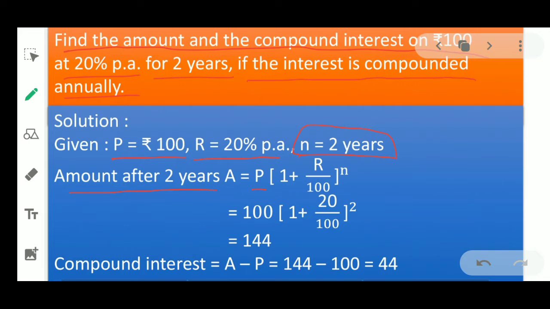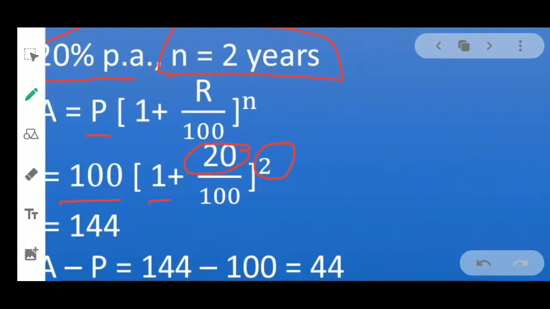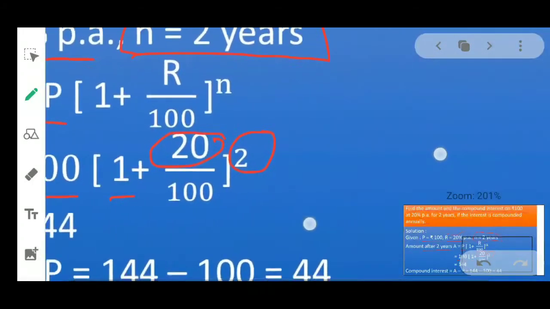Now put in the values of P, R, n. Here P is 100 into (1 + 20/100), where 20 is the rate, and whole to the power 2, that is the time. So now this will be 144. Let me show you.